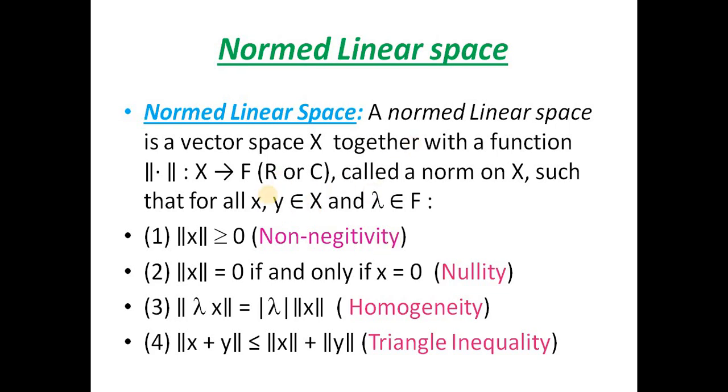The first property is the non-negativity property, and the second one is the nullity property. That is, norm of x is equal to 0 only when x is null. This is why this property is called nullity property. Then the homogeneity property, the triangle inequality property.